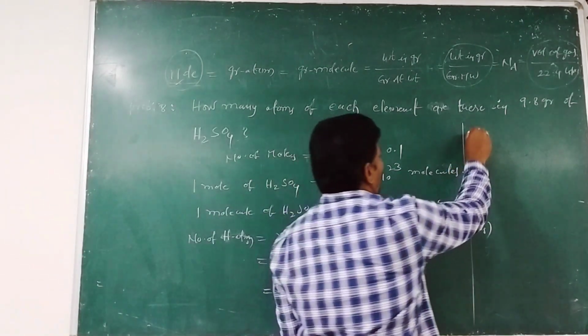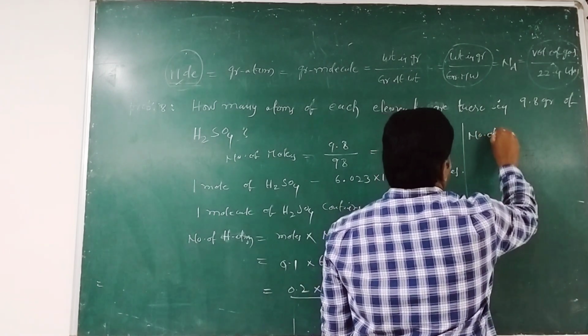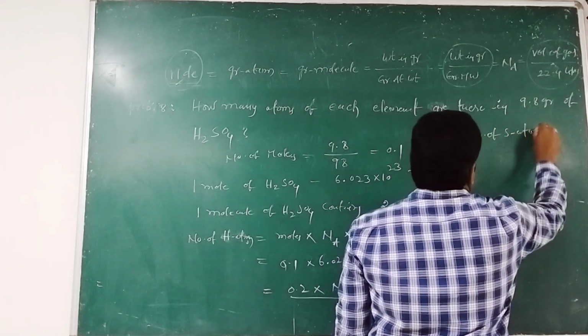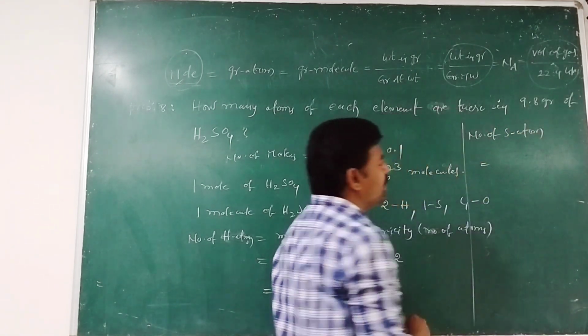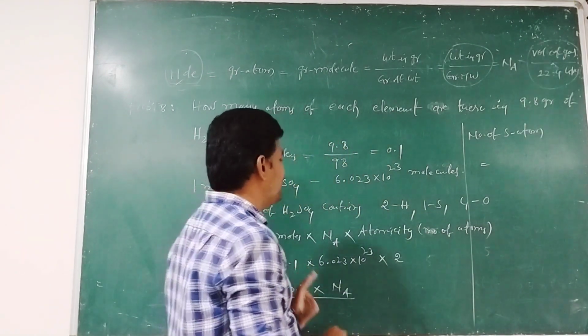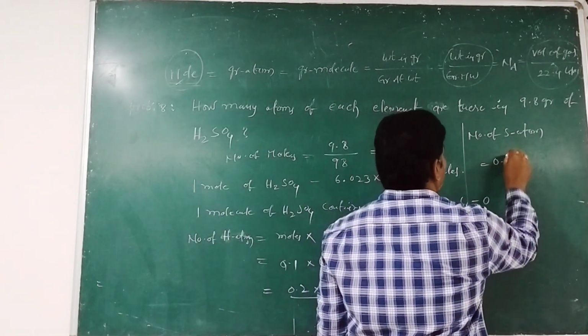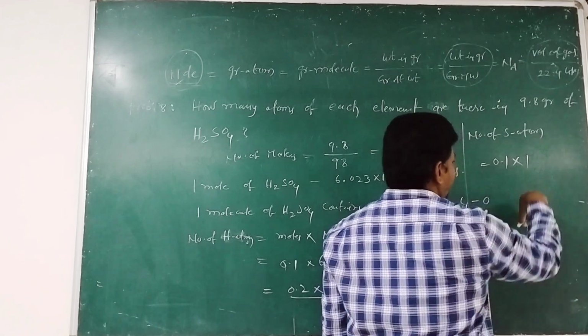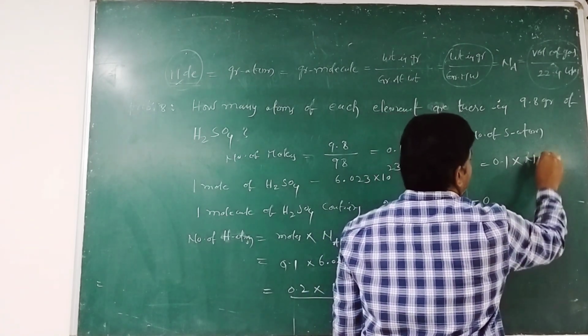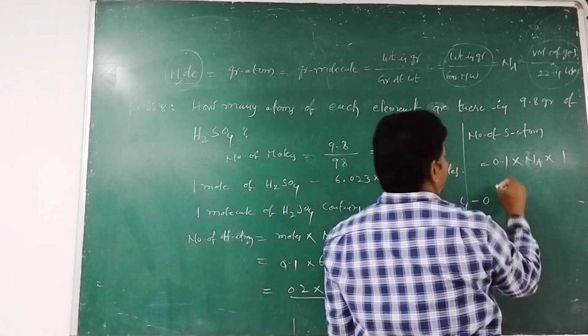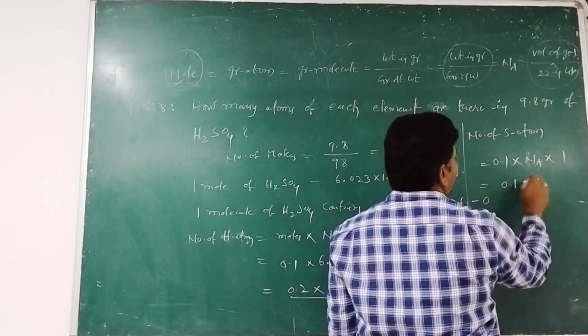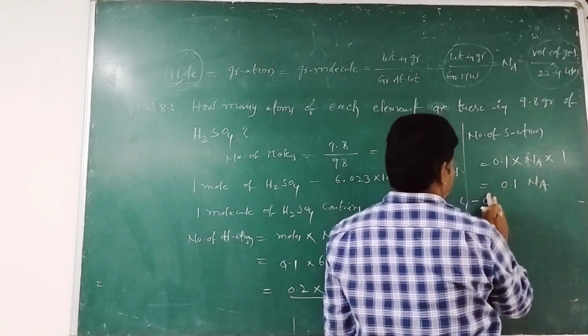Similarly, the number of sulfur atoms is equal to 0.1 into Avogadro's constant into 1 sulfur atom, that is 0.1 into Avogadro's constant.